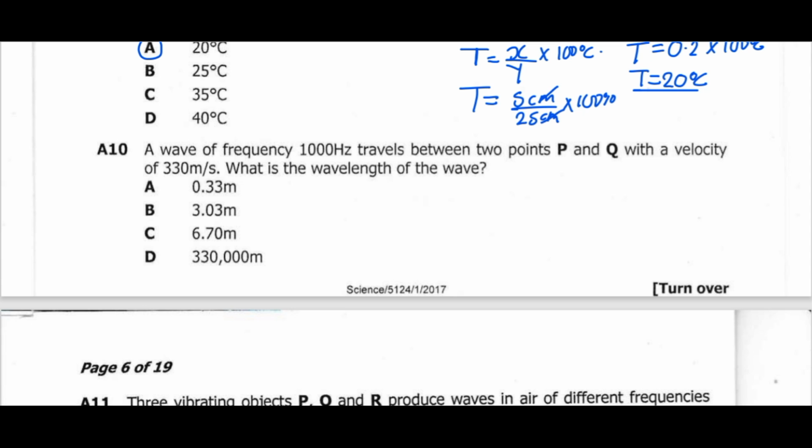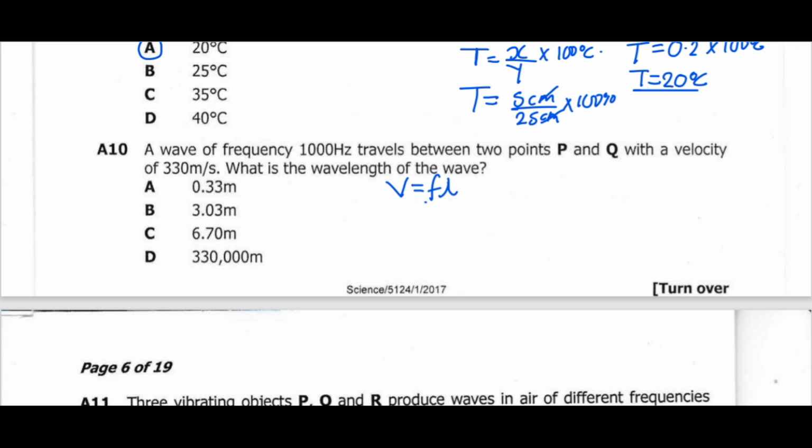Question 10. A wave of frequency 1000 Hz travels between 2 points P and Q with a velocity of 330 meters per second. What is the wavelength of the wave? So you know that velocity is equal to frequency multiplied by wavelength.